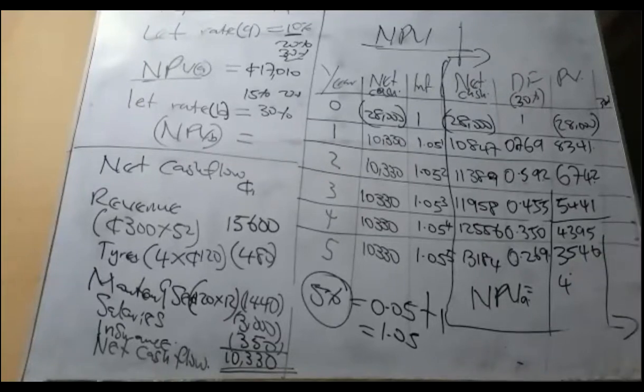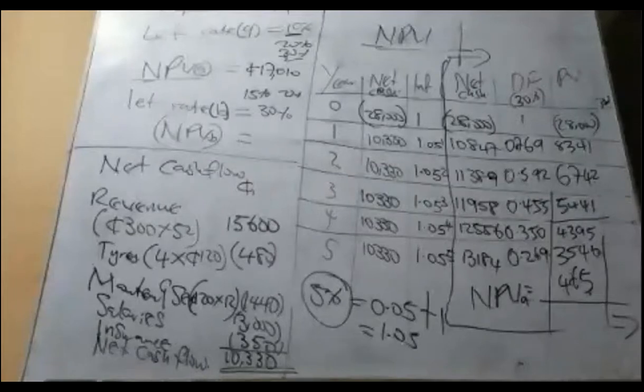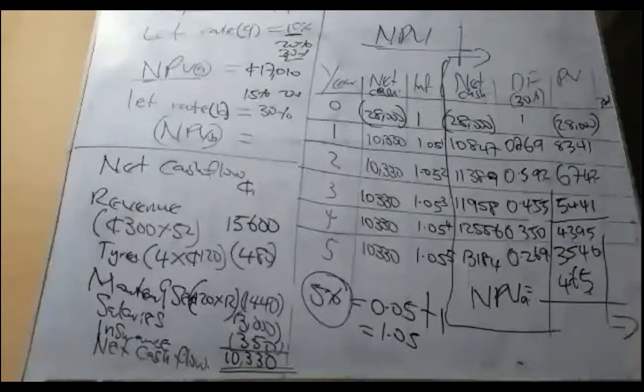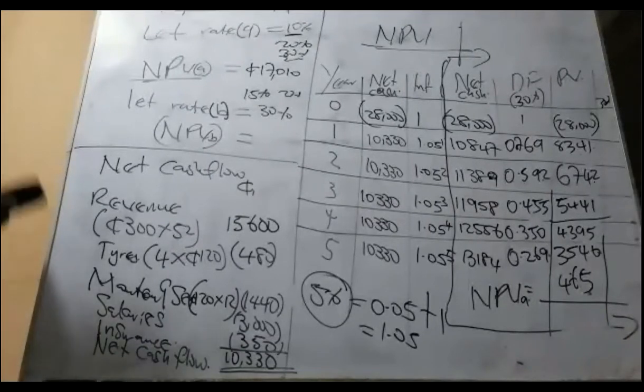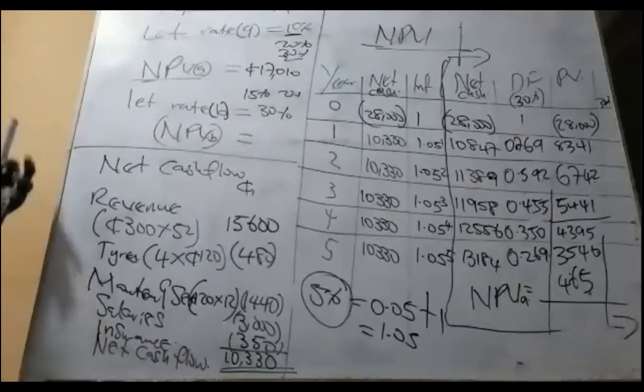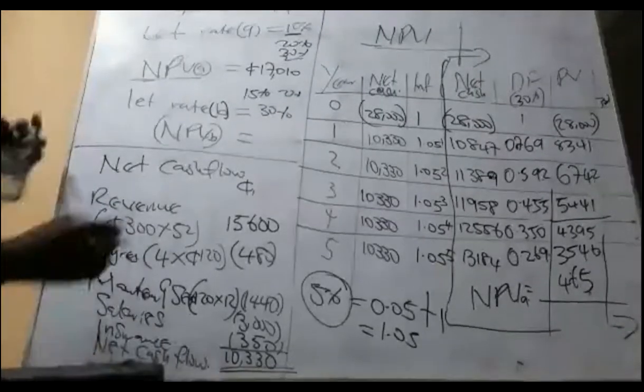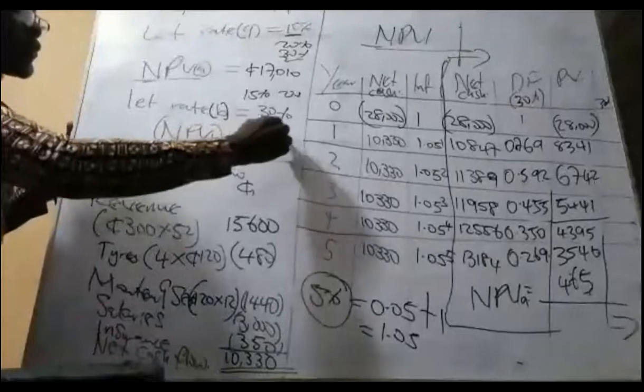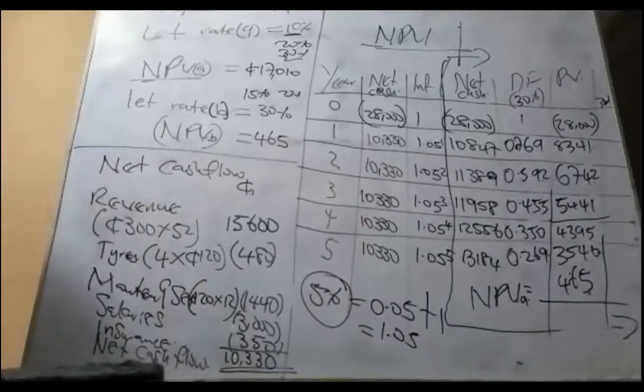So the NPV is still positive. You have to still maintain it, even though we are looking for negative. So that means to get a negative, it must move beyond 30%. Good. So the second NPV is 465. So let's go ahead and calculate.